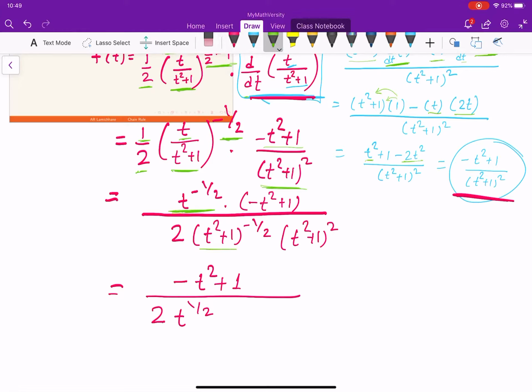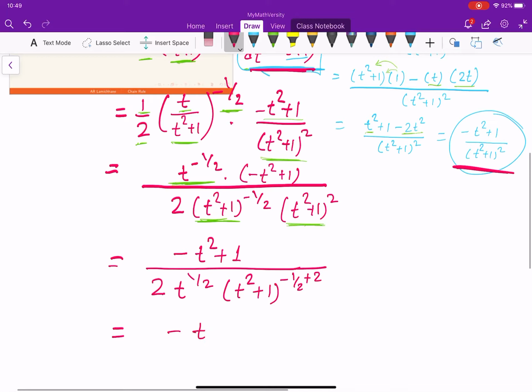And at the bottom we have t square plus 1 raised to the power negative 1/2 and t square plus 1 raised to the power 2, and since they have the same base, we can combine the powers by using the exponent law. So this will be t square plus 1 raised to the power negative 1/2 plus 2, right? We just need to add the powers.